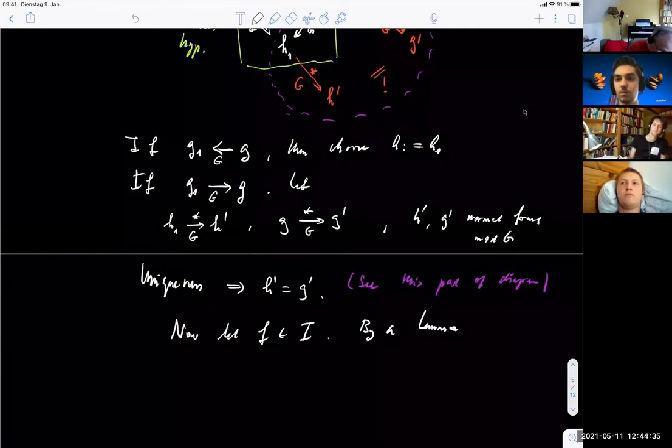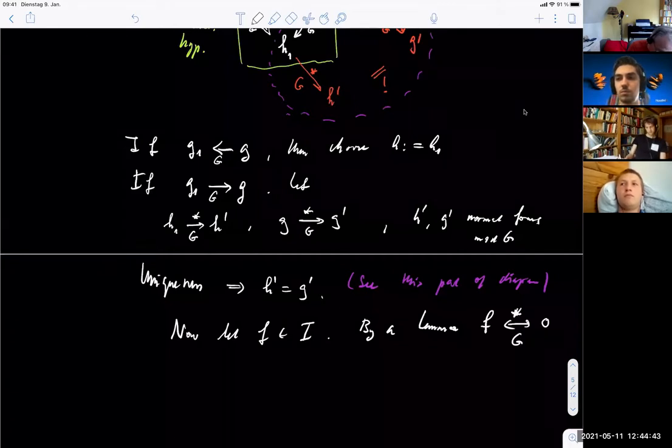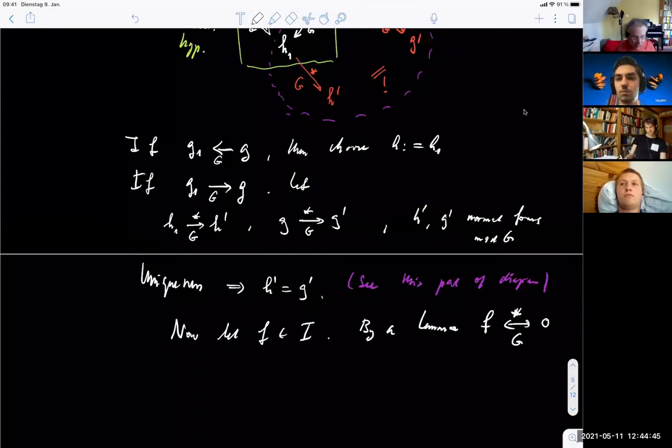By a lemma, we showed F is equivalent to 0 mod G. So we had this lemma saying that a polynomial lies in an ideal generated by G if and only if I have this. I hope you remember. Actually, that was the reason I reduced this equivalence relation.